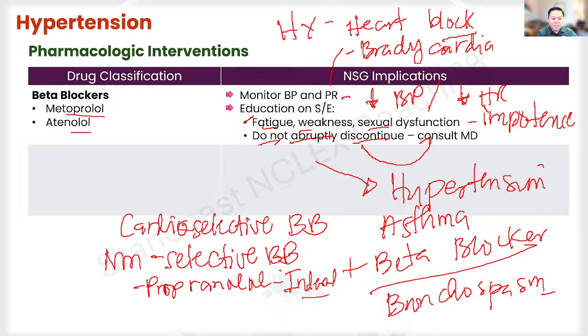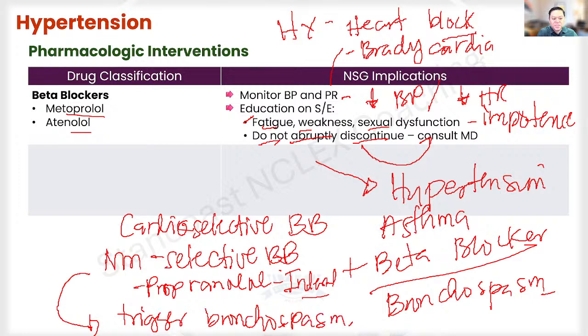Okay, so the non-selective beta blockers can trigger bronchospasm. So make sure you obtain a thorough history from your patient if they have any asthma. Because if the patient receives the non-selective beta blocker, they can develop bronchospasm.